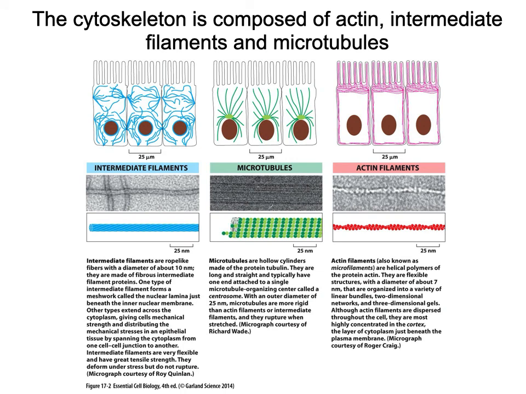This is the figure from your textbook, and it separates the different filaments into their own columns, as opposed to having them overlaid into one cell. Starting from the left going to the right, we have the intermediate filaments making up the blue.